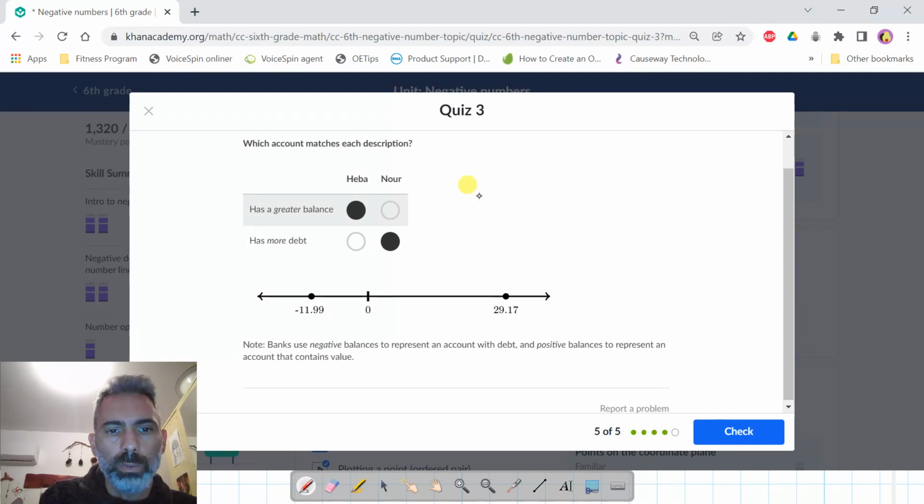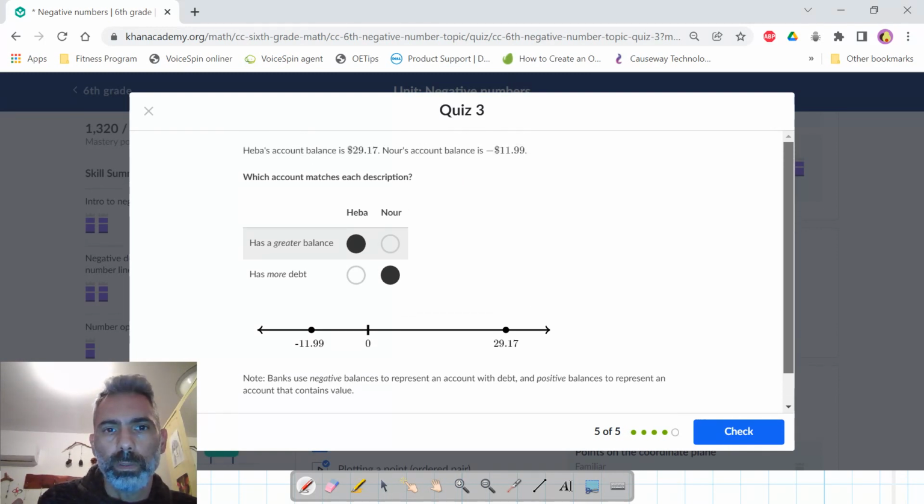Note, banks use negative balances to represent an account with debt, and positive balances to represent an account that contains value. So Hiba has money in her account, and Noor has no money and she is in debt.